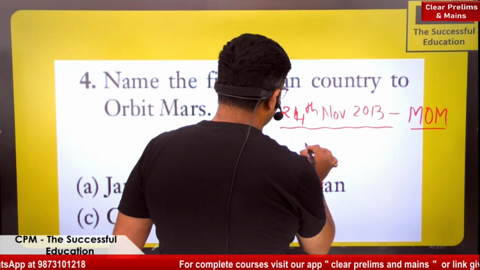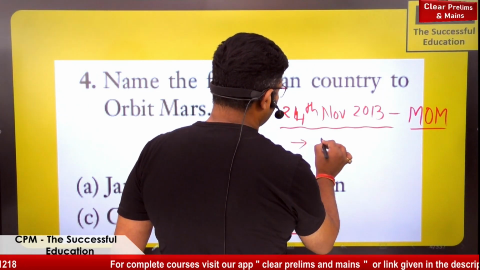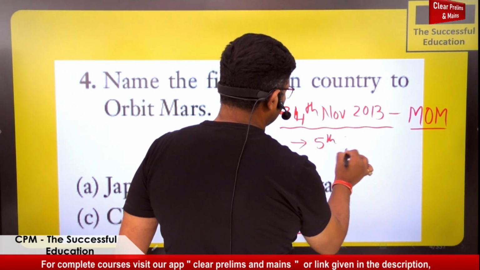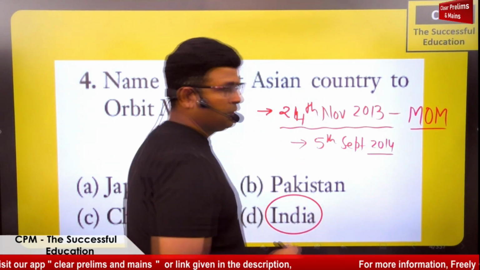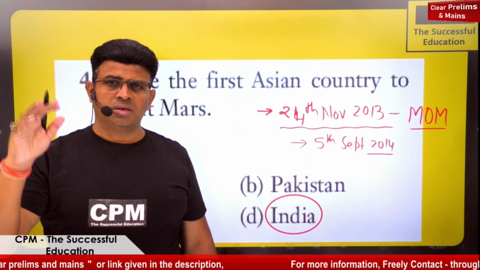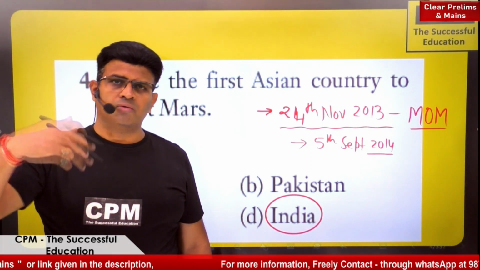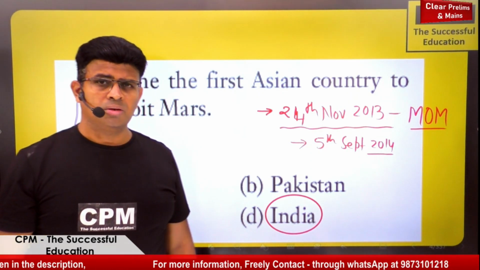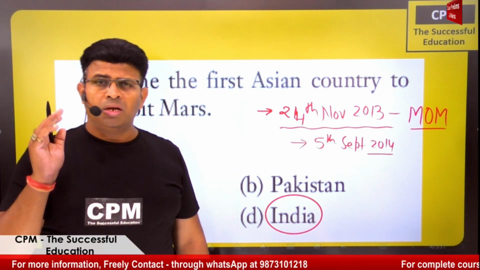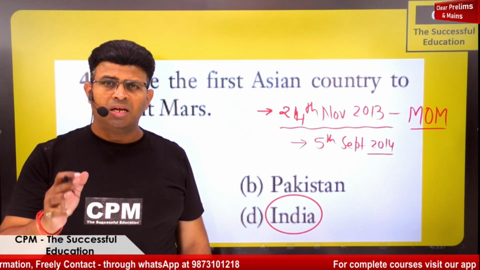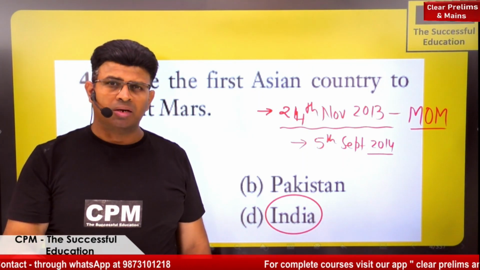And it is in 10 to 11 months, it is able to reach on 5th September 2014. Our satellite is able to reach Mars and then start revolving around Mars. So we have been able to get the success. In Asia, India is the number one who is able to reach Mars.